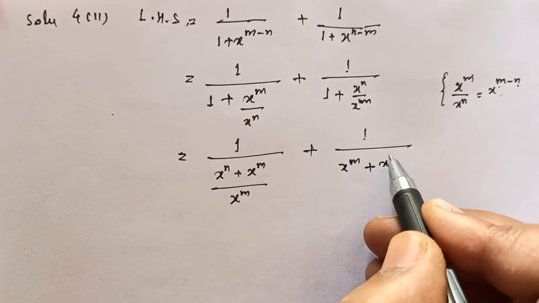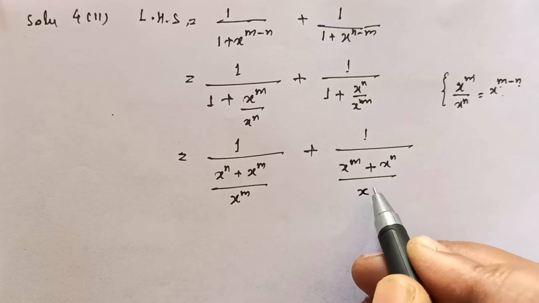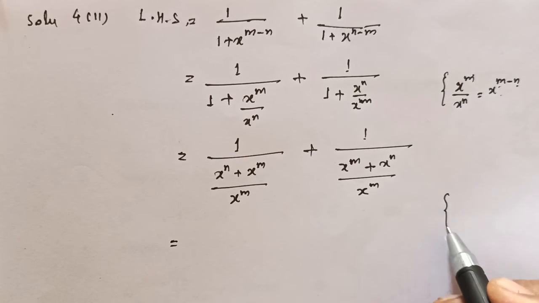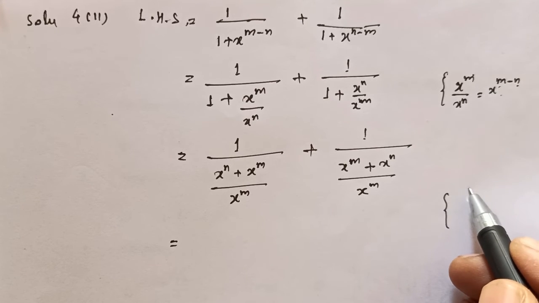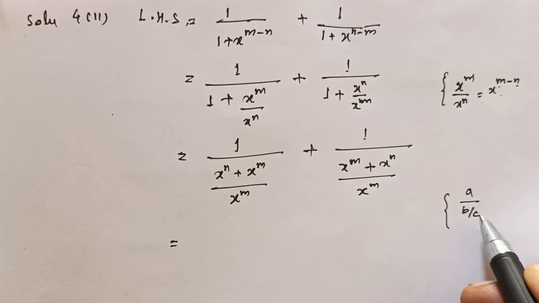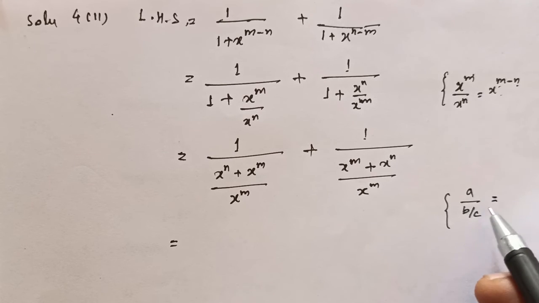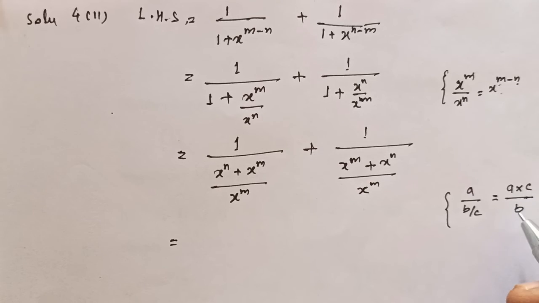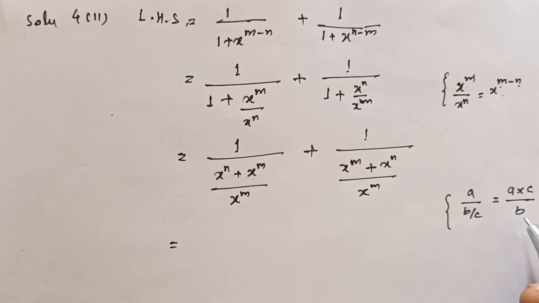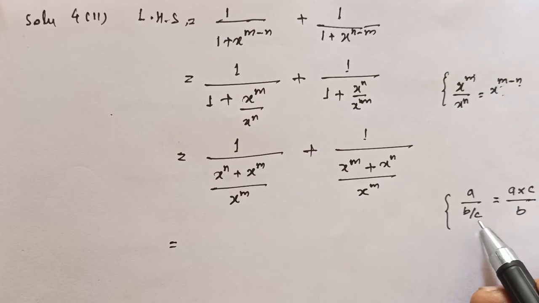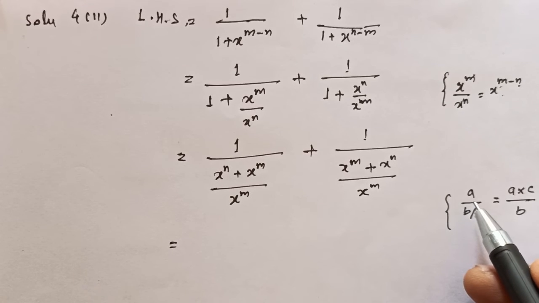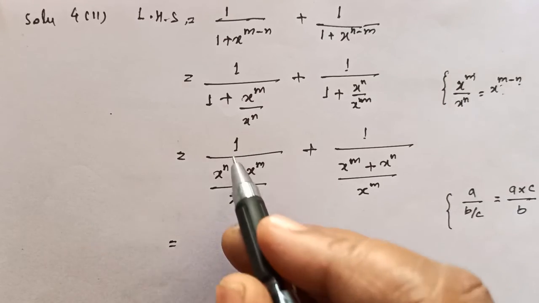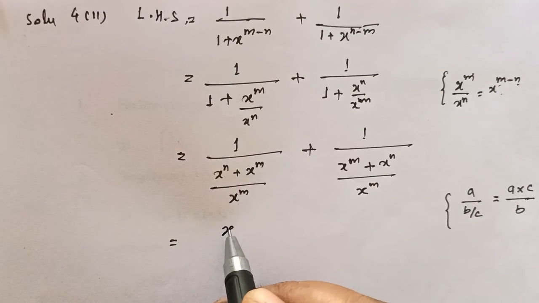Similarly, if a upon b upon c, denominator में upon में हो, we can write as a multiplied by c upon b. जो डेनोमिनेटर में रहेगा उसे न्यूमरेटर में ले जाके मल्टीप्लाई कर देंगे. a multiplied by c. So 1 multiplied by x to the power m.